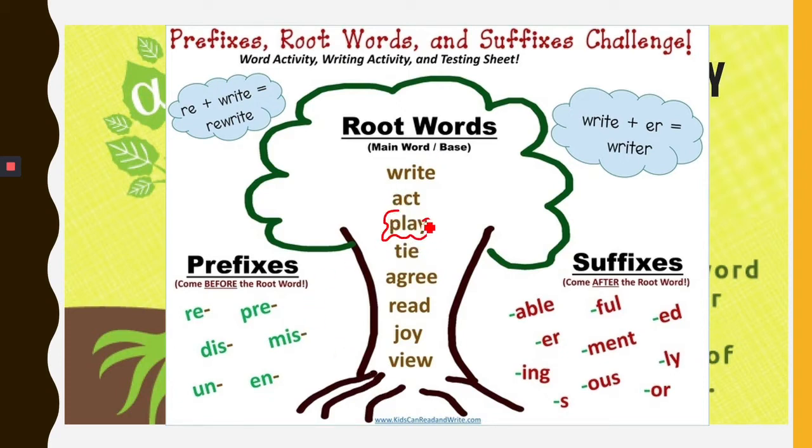Let's suppose I change this verb by adding the suffix -ful. I change the meaning of play, and I can say a playful person or a playful child.